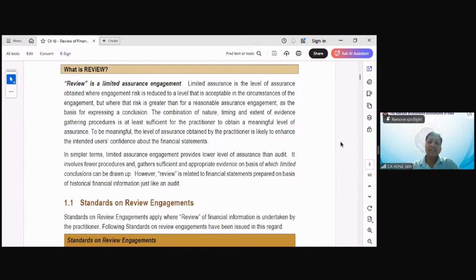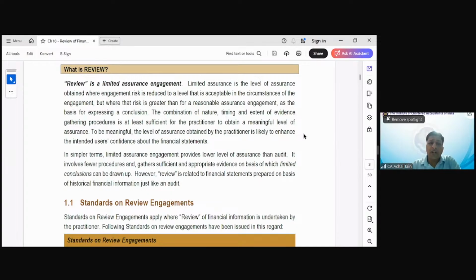Because even if you look at the assurance level, that assurance level will also go down. We can say there are three ways you can look at the assurance level. One is absolute assurance. Do we have absolute assurance in case of audit? Tell me. No, sir, we do not have.